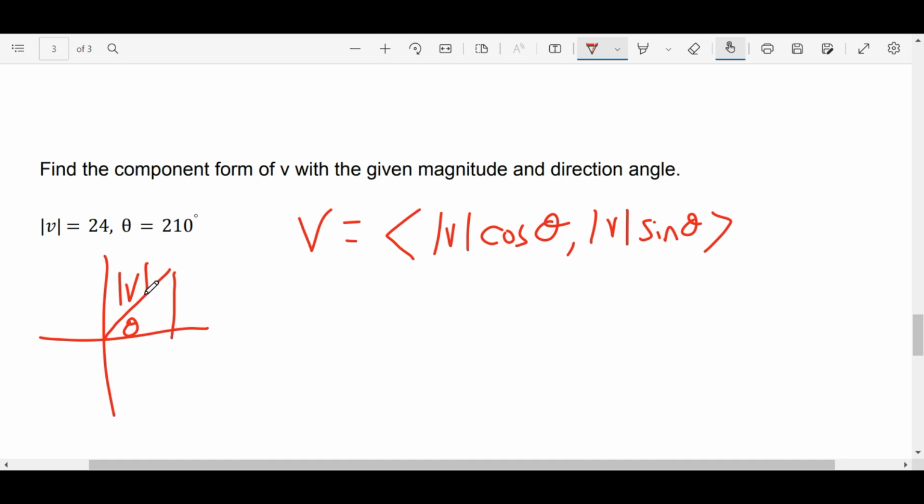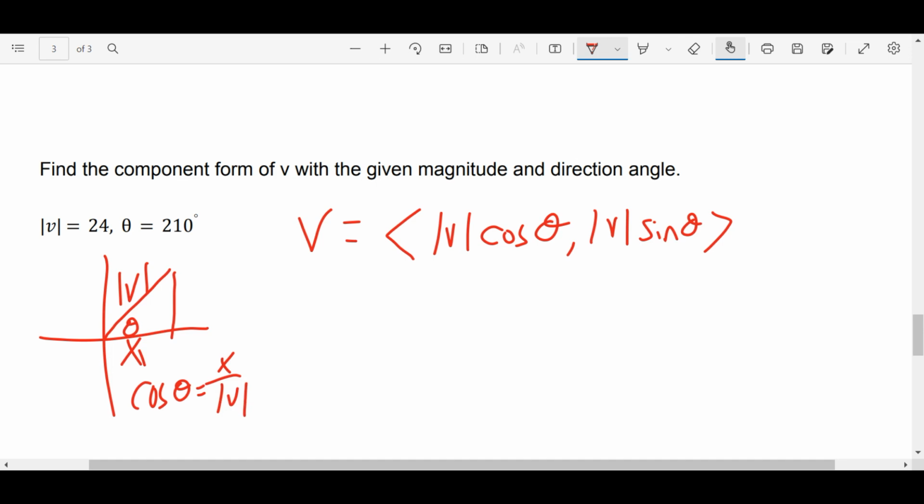Which, as you know, up and down is sine, left to right is cosine. If I know this value and I don't know what's down here, that's adjacent over hypotenuse. That's your cosine value, right? So this is just like working with SOHCAHTOA right here, okay? I was solving for x, your first value, which is not what we're calling it, but cosine theta is equal to x over your magnitude.